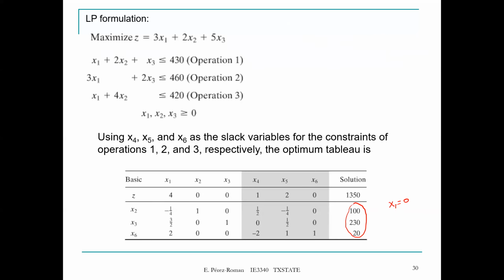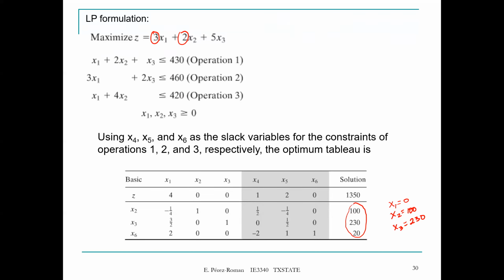If it is a non-basic variable, the value is equal to 0. x2 equals 100, and x3 equals 230. So even though you're not making as much profit with x2 as compared to x1, I'm sorry, you're still not producing product one.